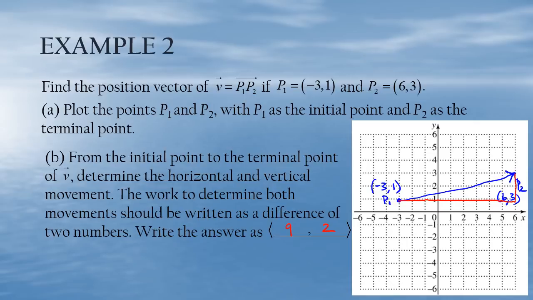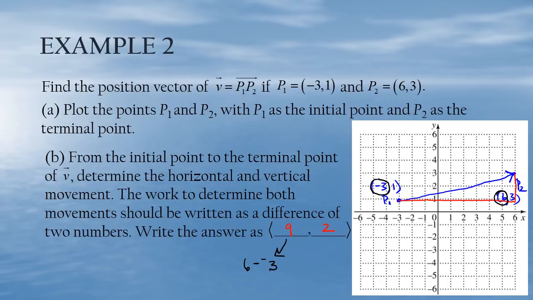In other words, where does this 9 come from? And what I'm going to say is that that 9 has something to do with the first part of each one of these components. And it also has something to do with maybe the difference formula that you've seen in previous sections. So I would get that 9 by taking the 6 and subtracting it from negative 3.